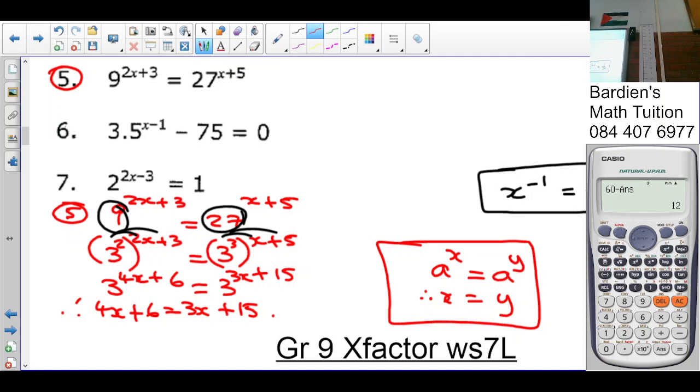So what do I do now? x on one side, numbers on the other side. 4x minus 3x is x. 15 minus 6 is 9. Good, a couple of marks involved there, so probably 3 or 4 marks. x equals 9.